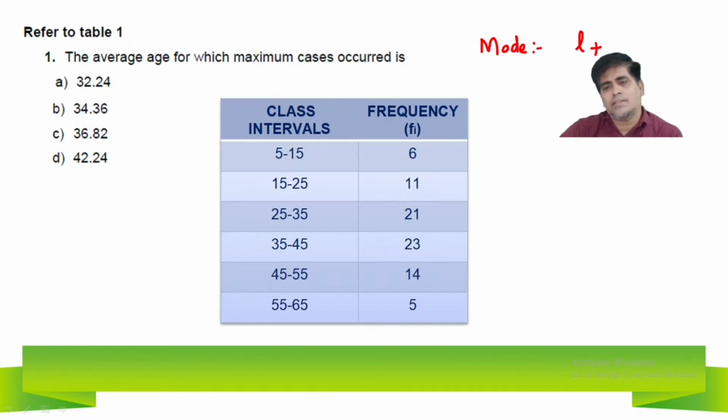Mode = L plus (F1 minus F0) divided by (2F1 minus F0 minus F2), into H. This is the formula to calculate the mode for grouped data.